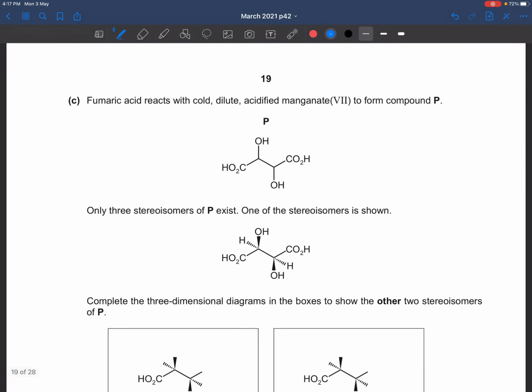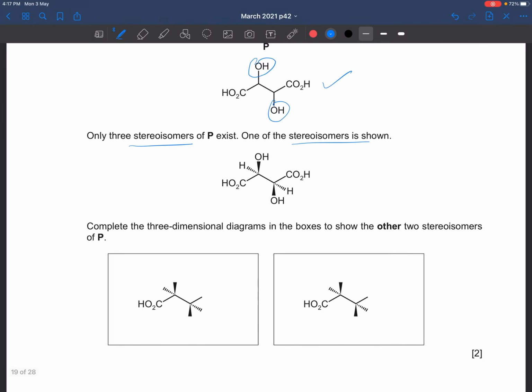Alright, next question is, fumaric acid reacts with cold dilute acidified manganate to form compound P. This is compound P, a diol formed with cold dilute manganate. Only 3 stereoisomers of P exist. One of the stereoisomers is shown. Complete the 3-dimensional diagram in the boxes to show the other 2 stereoisomers. So what we can do, we have COOH on this side and COOH on this side, everything on the same plane, and let's call these carbons 1 and 2.